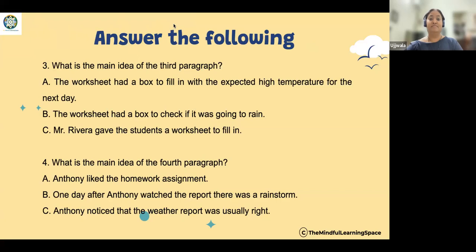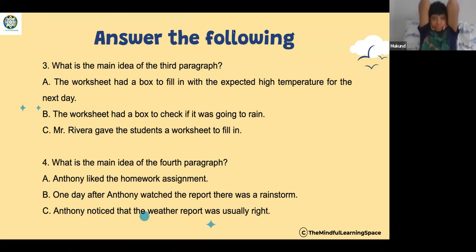C. I'm not sure. I'm tied between C and A. So it's C because that's not the only thing except a high temperature. He can also note down a few more things in a worksheet, right? So the clear instruction was to fill the worksheet.